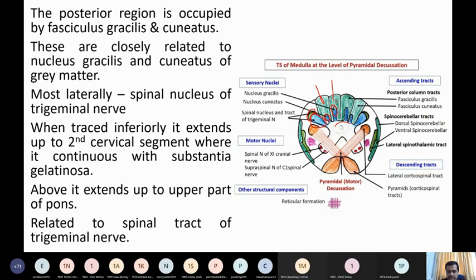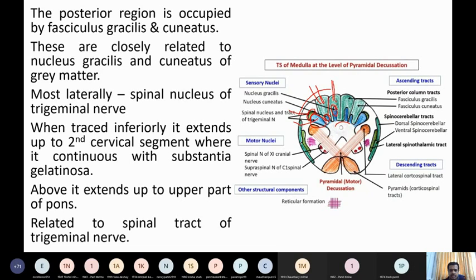So in the posterior region we find 3 tracts and 3 nuclei. The 3 tracts from medial to lateral are fasciculus gracilis, fasciculus cuneatus, and spinal tract of the trigeminal nerve. The 3 nuclei are nucleus gracilis, nucleus cuneatus, and spinal nucleus of the trigeminal nerve. They are related to the earlier mentioned 3 tracts. Clear?